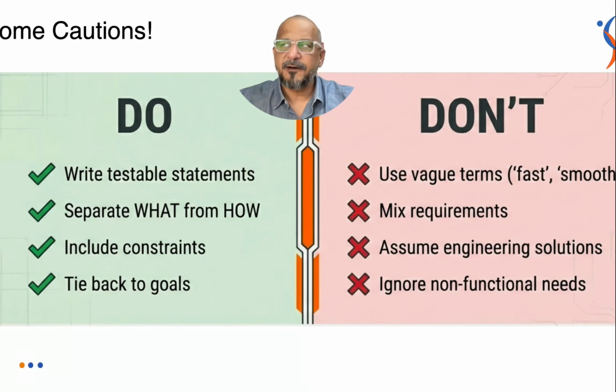Now, we are towards the end of our session, but some of the cautions, some of the do's and don'ts, I'll go to the don'ts first. So avoid vague terms, like my vehicle needs to be fast, or the maps need to handle this smoothly. Those are very vague terms. Smoothly and fast and all of this don't make sense.